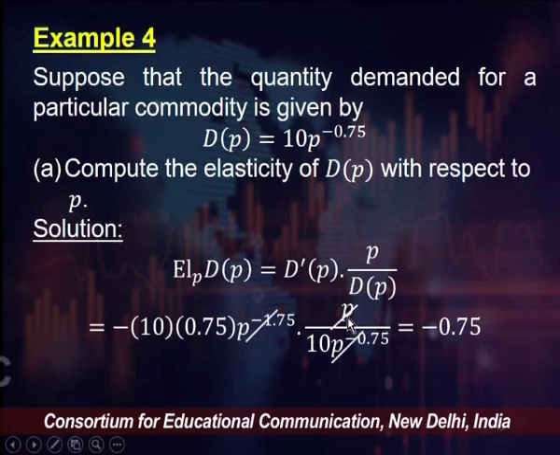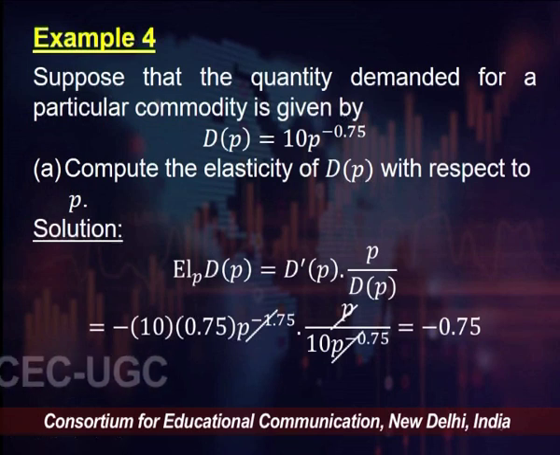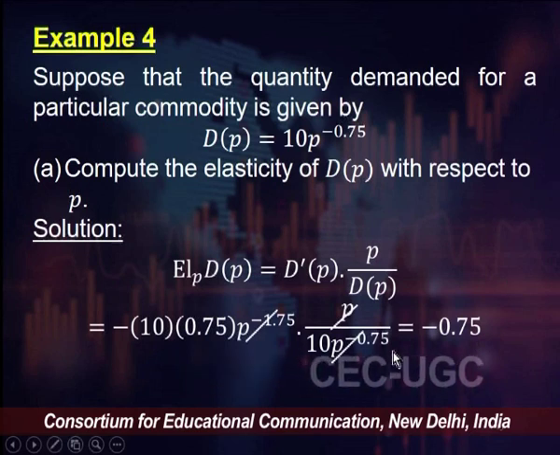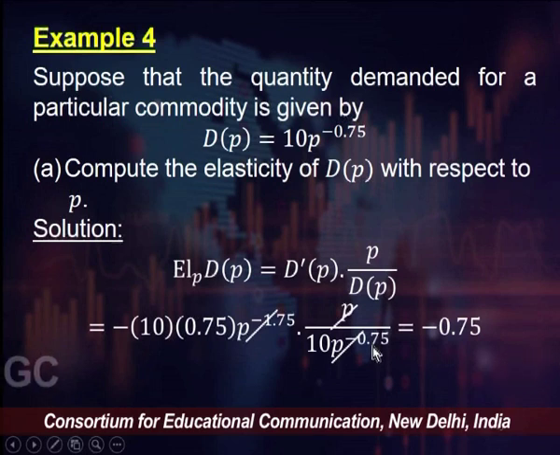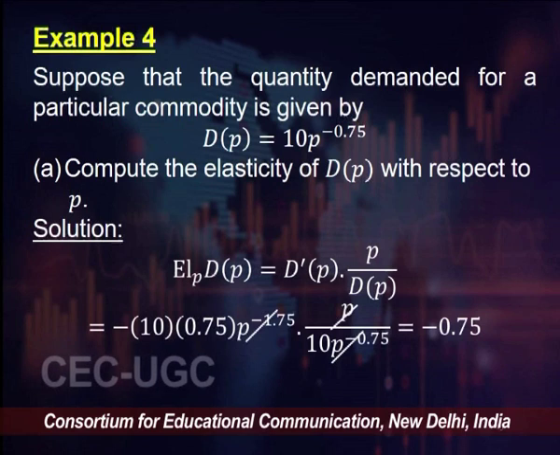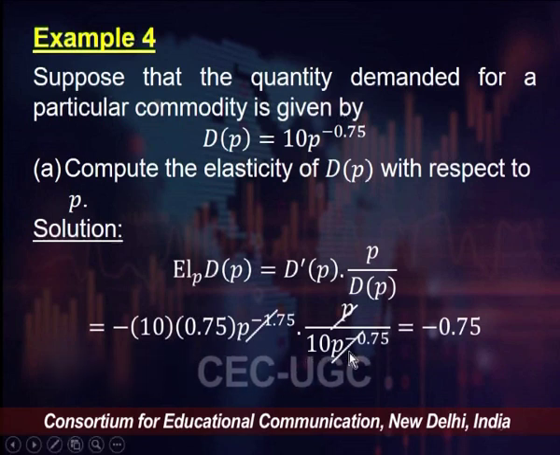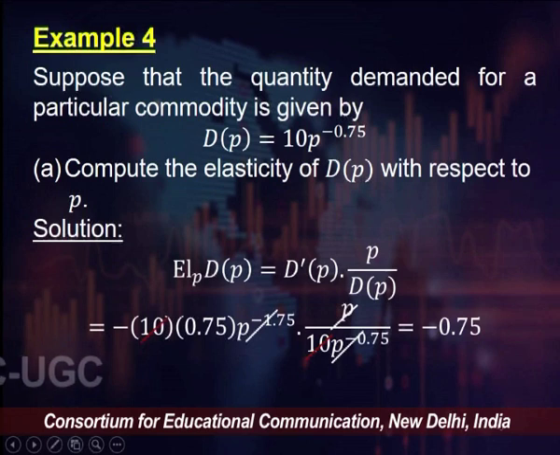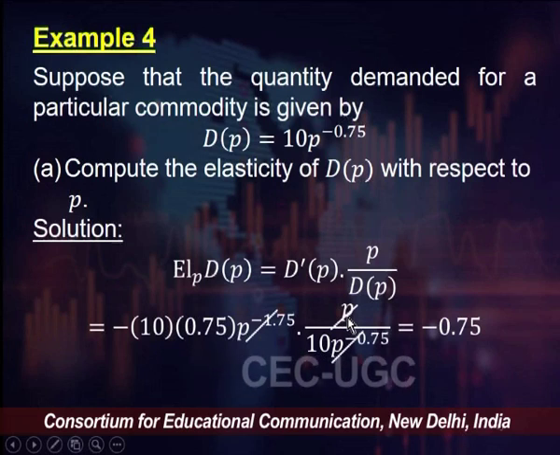So that's going to give me a p to the power minus 0.75. That will then cancel out the p to the power minus 0.75 in the denominator. So we can do away with the expressions with the p variable in them. And then even the 10 here will cancel out the 10 in the denominator. So what we are left with here is minus 0.75.